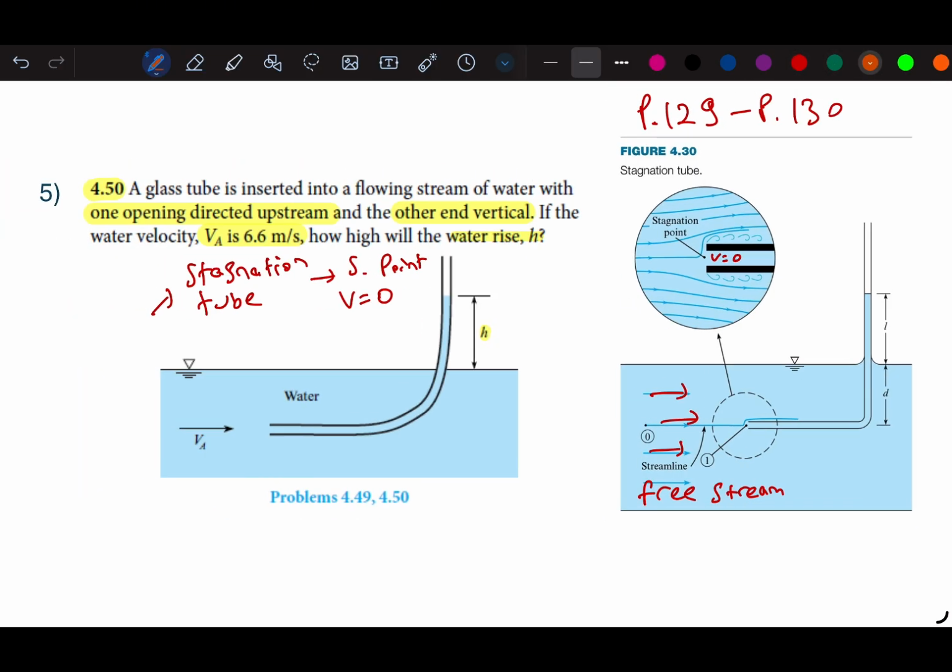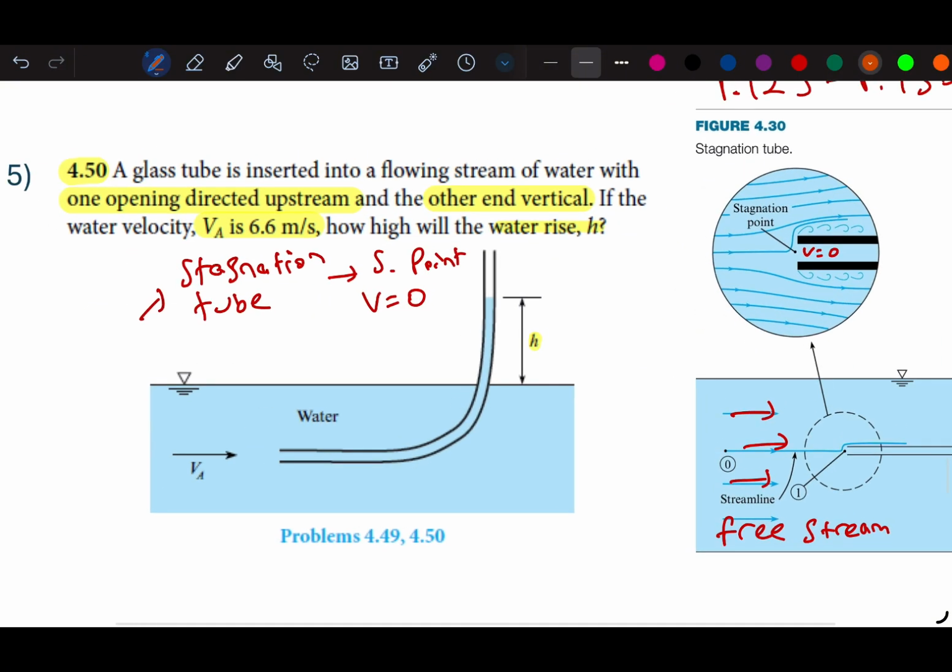And now, to solve the question more easily, I'm going to assign some numbers to specific points. Point 1 is the free stream. Second is the stagnation point. And 3 is the end of this vertical section.